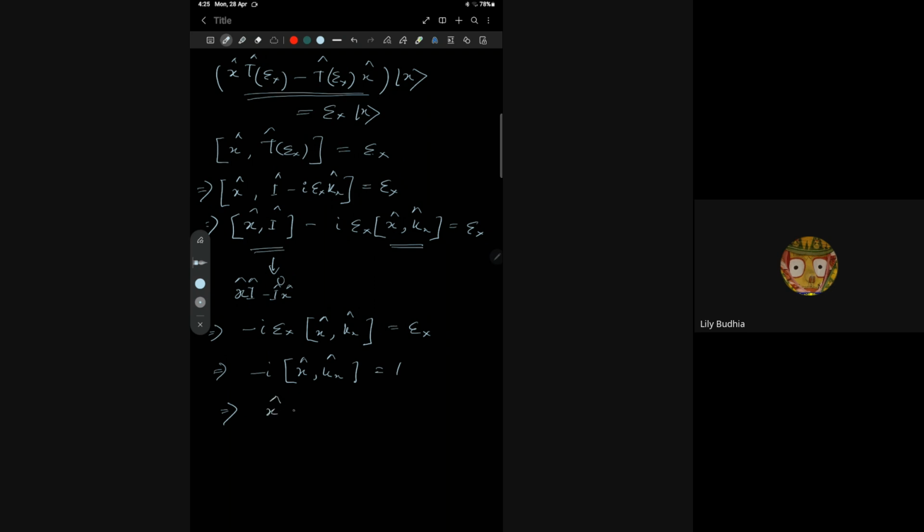So x kx commutator is equal to 1 by minus I, which is equal to I. So this is what I can write: x kx commutator is equal to I. So that is nothing but your equation number 1.27.